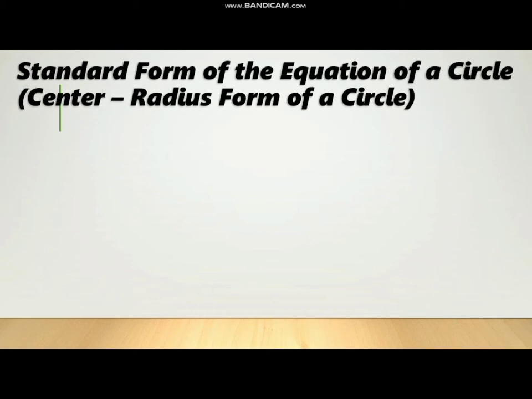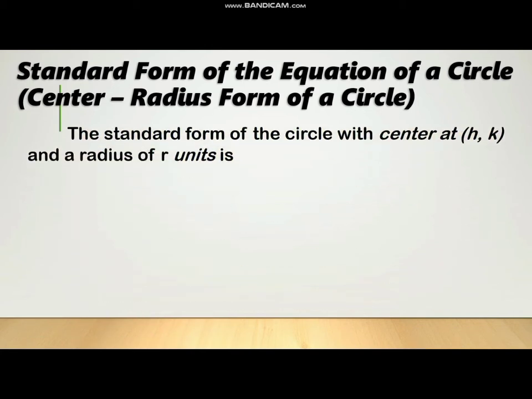Standard form of the equation of a circle, also known as the center-radius form of a circle. The standard form of the circle with center at point (h, k) and a radius of r units is the square of x minus h plus the square of y minus k equals r squared.